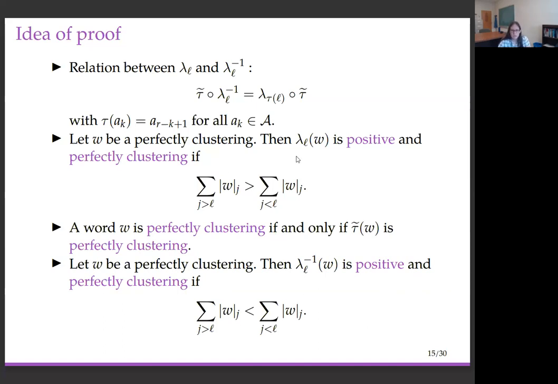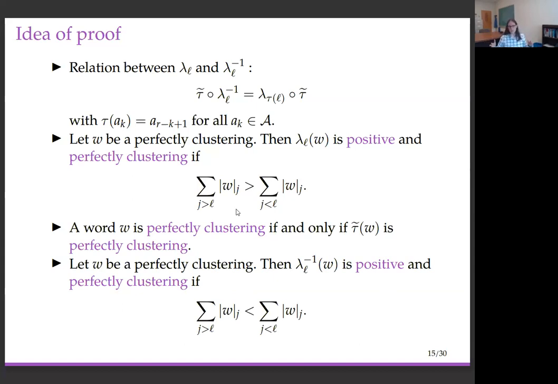Most of the work is to show that if I take lambda L of W, where W is a perfectly clustering word, then the image will be positive and perfectly clustering. But there is a condition on the letters that appear in W. If I take a letter A, it has some position in my pairing vector.